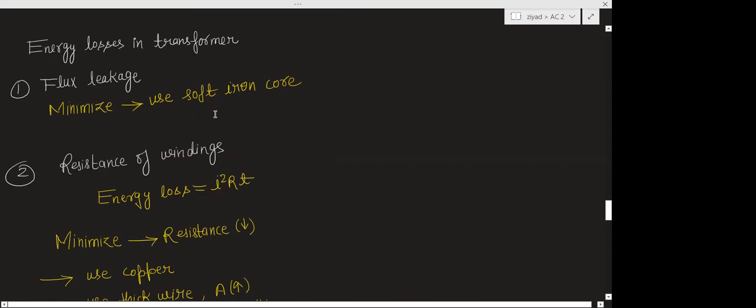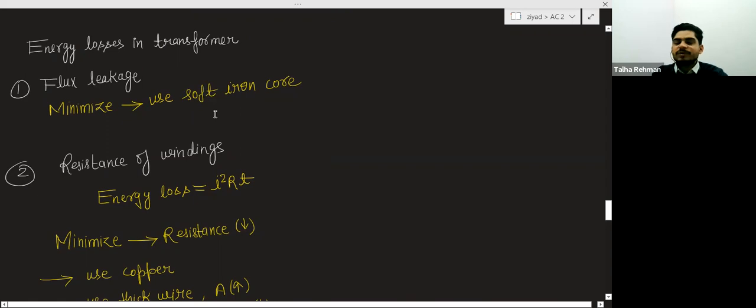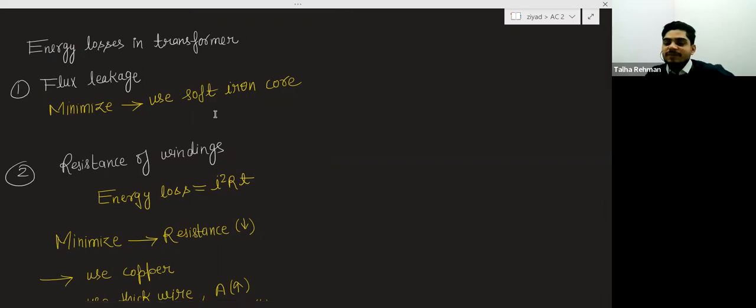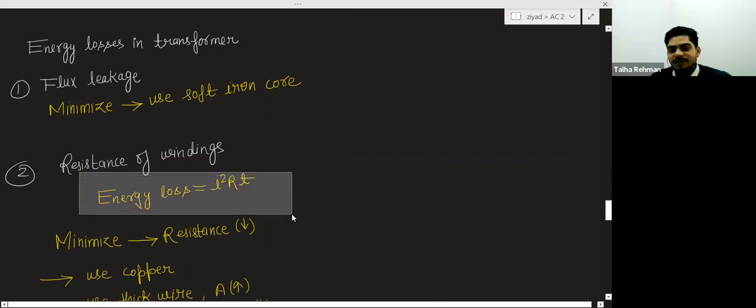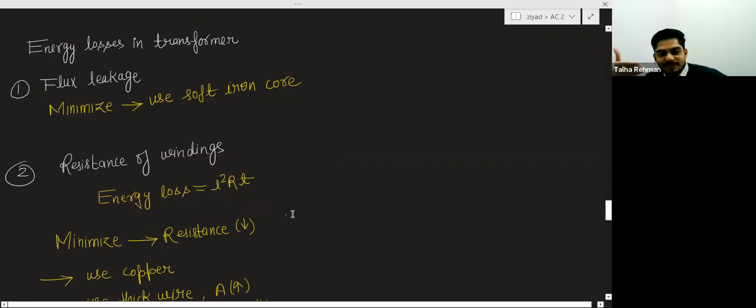Second, resistance of winding. This is very common. Every wire or winding will have some resistance, and due to that resistance there will be heat loss or energy loss, given by I square RT. How to minimize this?